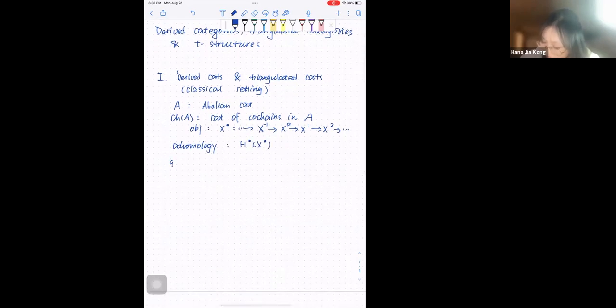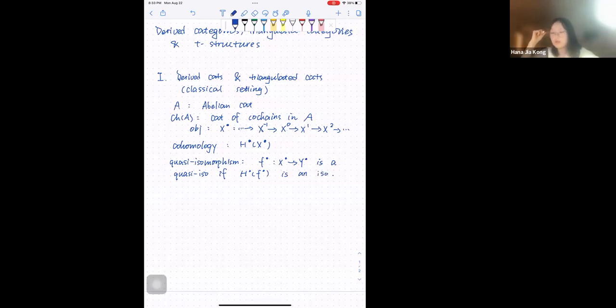We also have a notion of quasi-isomorphism. A map between two cochains is a quasi-isomorphism if the induced map on cohomology is an isomorphism.